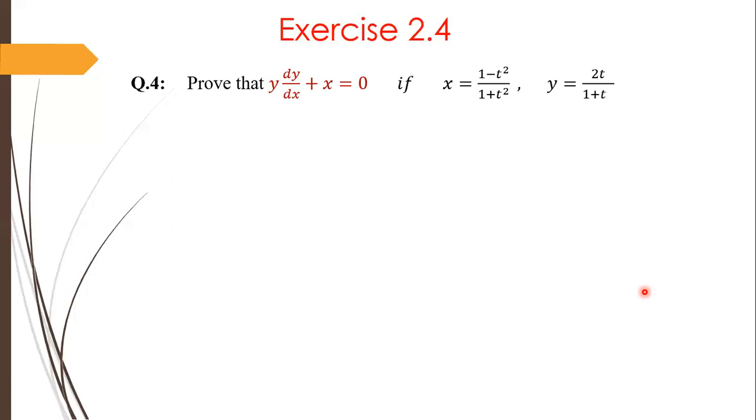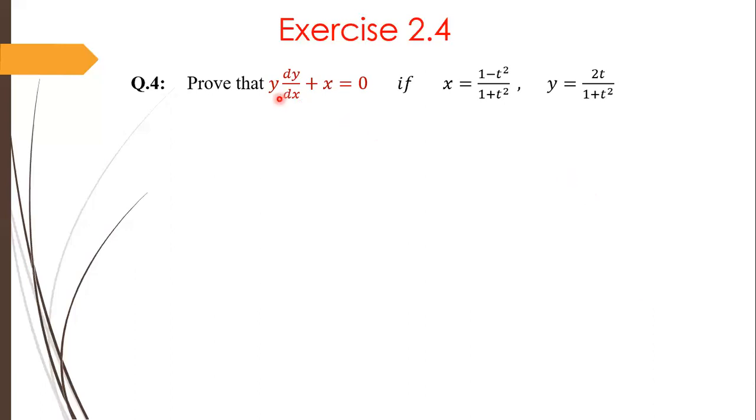Now, question number 4. Prove that y dy by dx plus x is equal to 0 if x is equal to (1 minus t square) over (1 plus t square) and y is equal to 2t over (1 plus t square).